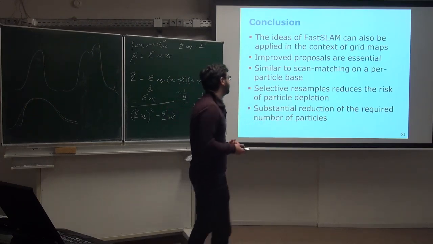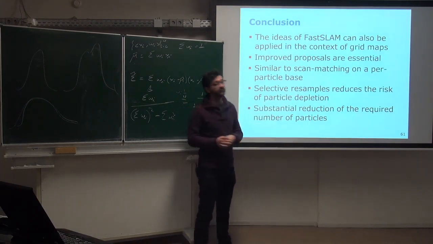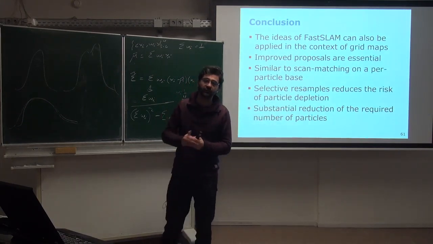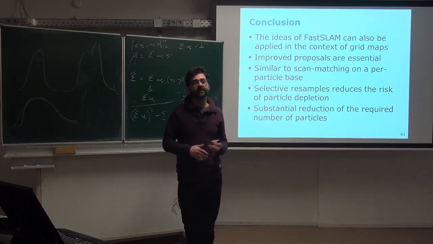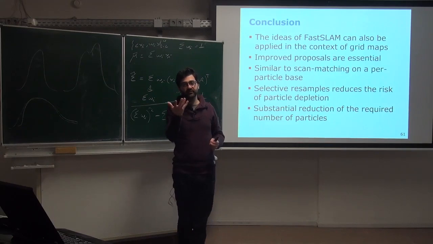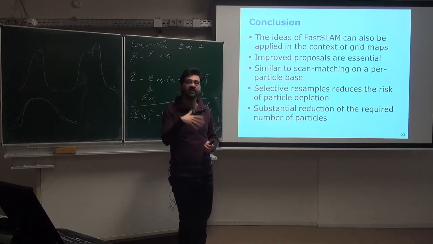We have also seen how to do selective resampling, so that we've seen that if we do resampling at every step, we lose diversity in the history of the trajectory. So we only want to do resampling at a specific point in time, and to know when to do it, we can consider the variance of the sample set that we have, so the variance of the weights, something that we call the number of effective particles.